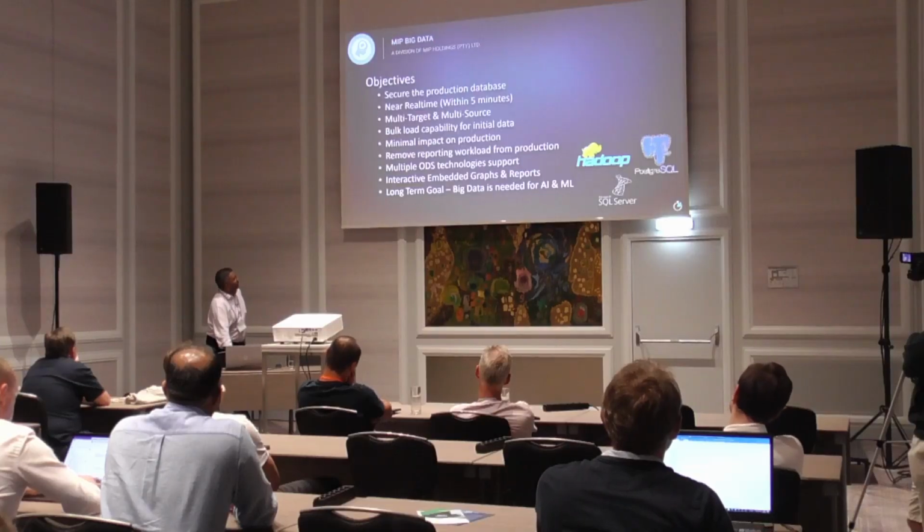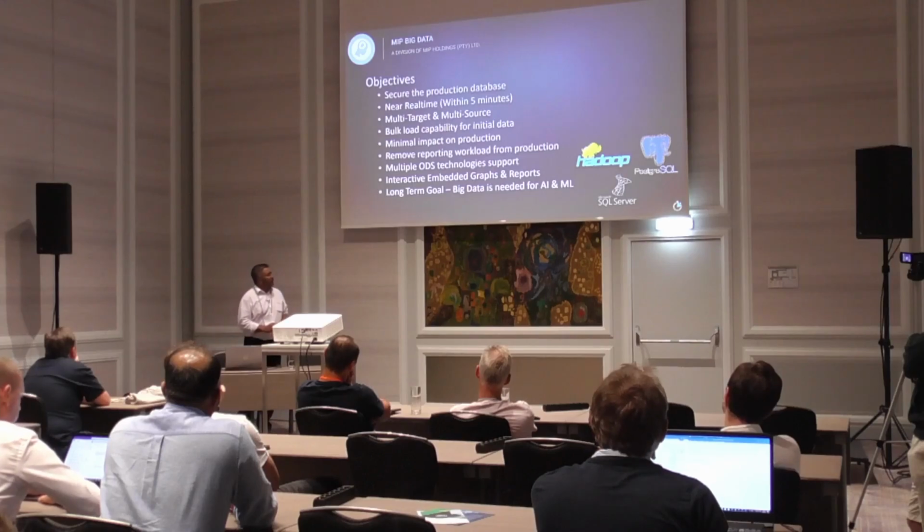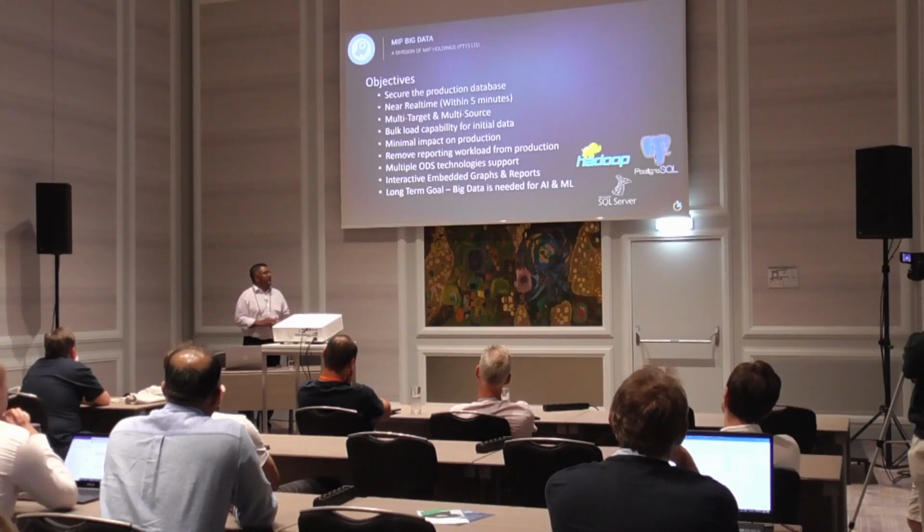That would give a user a sort of one system feel, and the user would never understand that the production transactional system was being sourced from one machine while the reporting was being sourced from another. So I'll show you a picture of that a bit later. And again, our long-term goal is for AI and machine learning, and you need data to get started with those things.